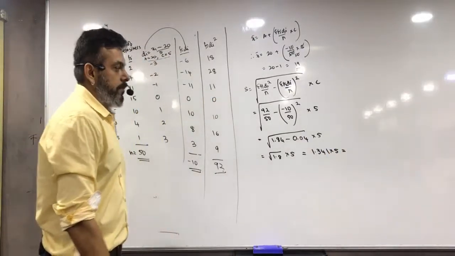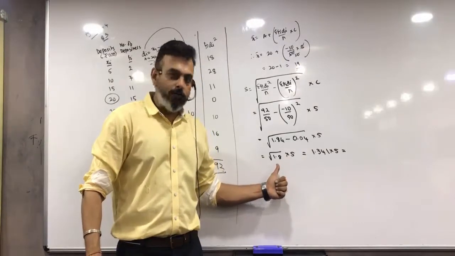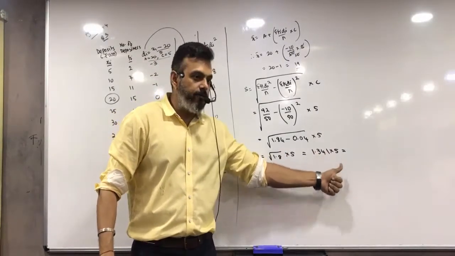Please pay attention to how this is done. Don't multiply by 5 first. First you solve this, and then multiply the result by 5.